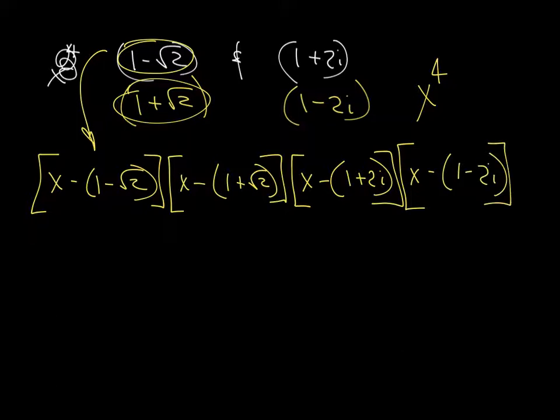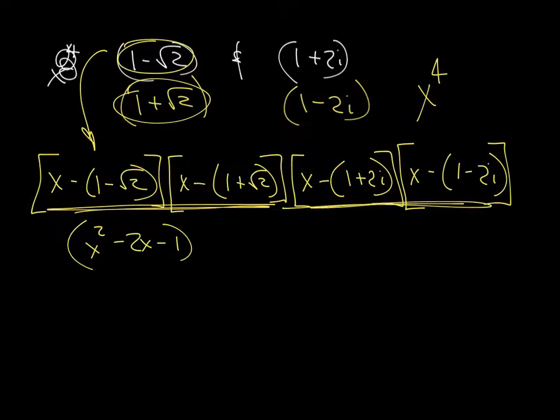All right, well, we end up doing the FOIL method. So we multiply these two together, and we get x squared minus 2x minus 1, because our radicals disappear. And then we multiply these two together, and we want to multiply those two together because they're imaginary numbers, or complex numbers.